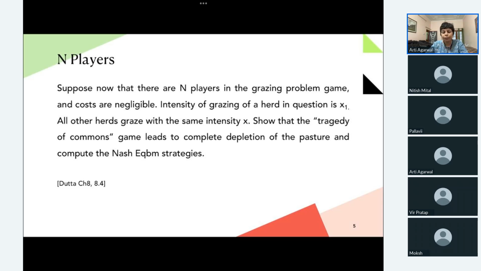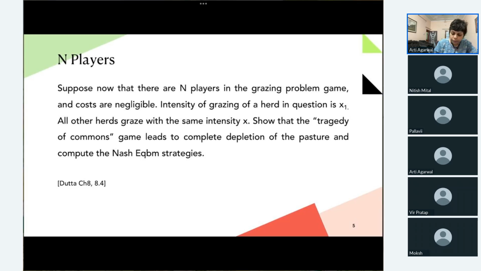In the beginning, you can assume that you're trying to write the best response of one particular herd whose intensity of grazing is X1, and we're assuming that all other herds have the same intensity of grazing X. In this question, we want to find out how it is possible that this leads to the complete depletion of the pasture and is not very optimal.